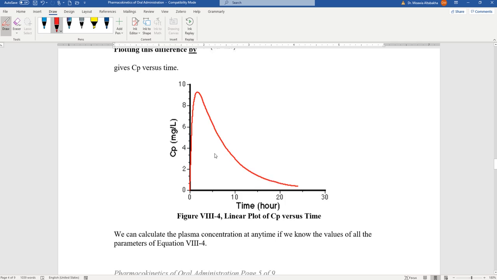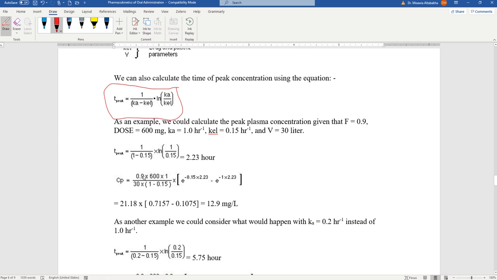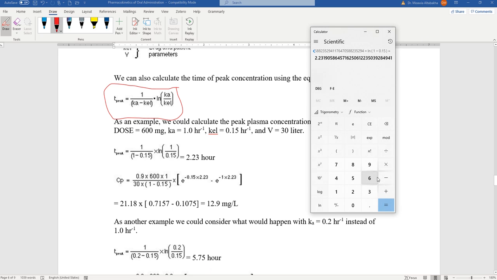So we will have 0.9 multiplied by 600, which is the dose, by 1, which is the same thing, divided by the volume of distribution, which is 30, multiplied by, opening another bracket, 1 minus 0.15, and closing the bracket again, and this is what I will get. What is this? This is the constant we talked about, 21.18.